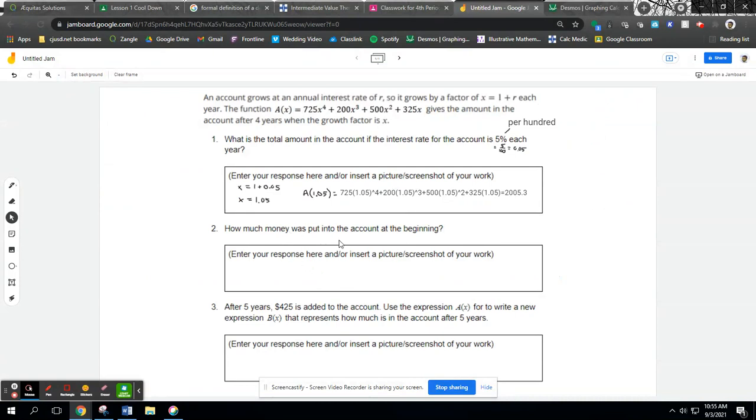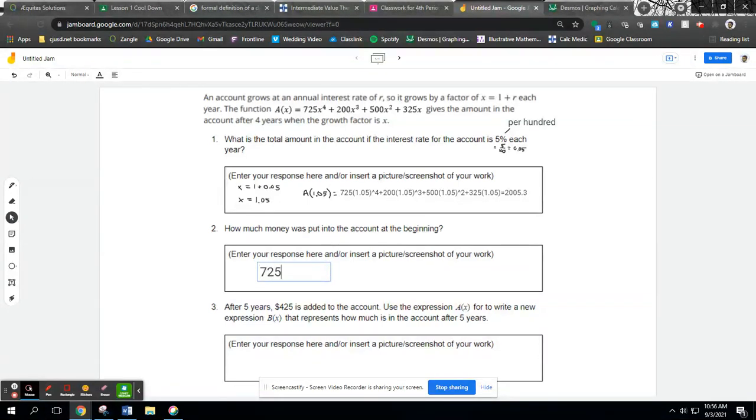All right, next question. How much money was put into the account at the beginning? We can look at this equation and we can see that the amount that's accumulated the most interest is 725. That was multiplied by the growth factor 4 times, so that was like 4 years' worth in there.